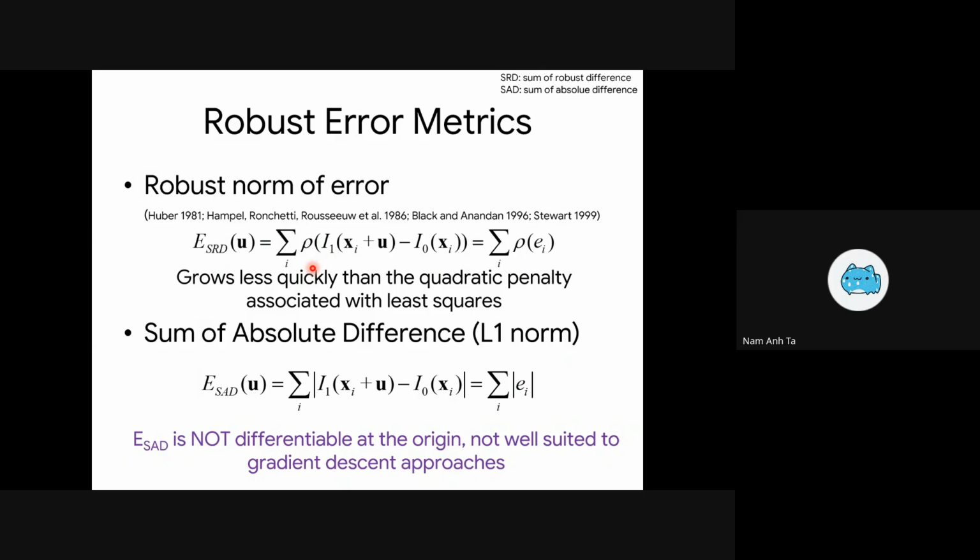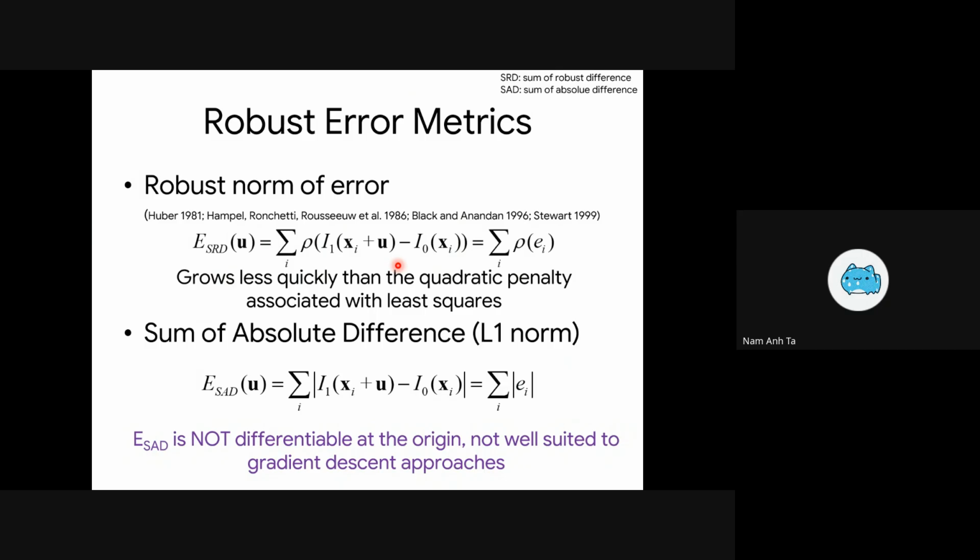As you can see here, if the error grows, the penalty doesn't explode because we don't use the square function. It levels off a little bit, meaning that the outliers won't dominate our calculation.